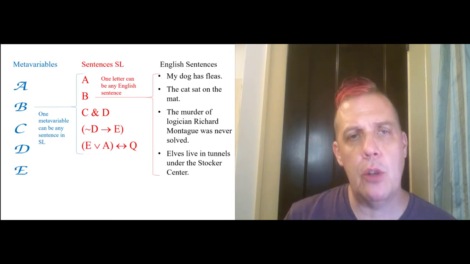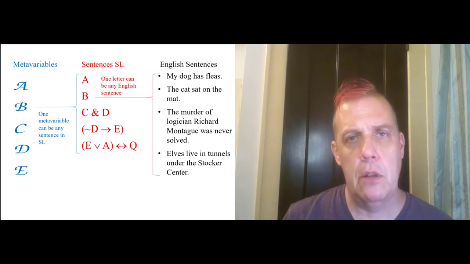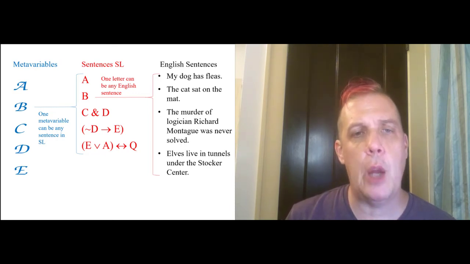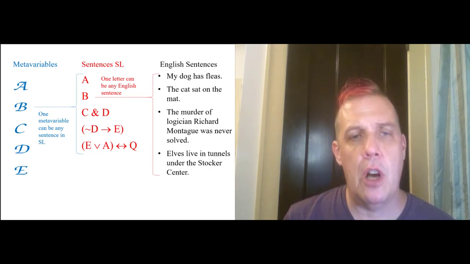The meta-language is like scaffolding around a building. So the new language we're trying to create is SL. SL has variables in it. These are the sentence letters. In order to build SL, we need this scaffolding, which is called the meta-language.